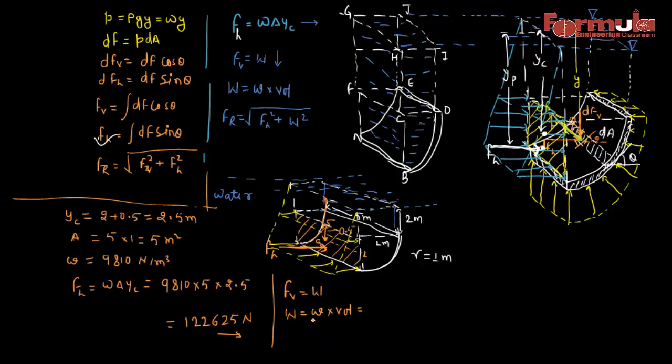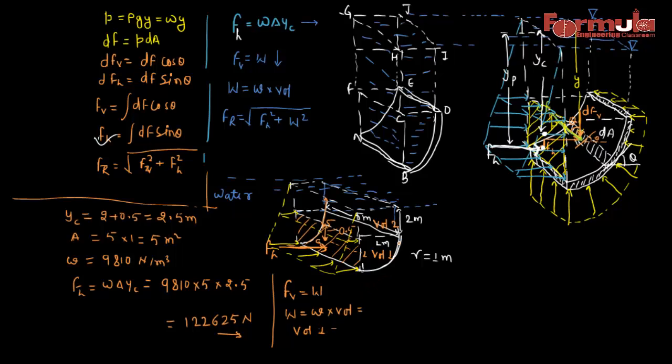Okay, so then I'm dividing this volume into two parts, one for this quarter of cylinder and second for this rectangular part. So let me say this is volume 1 and this is volume 2. Okay, so what is volume 1?